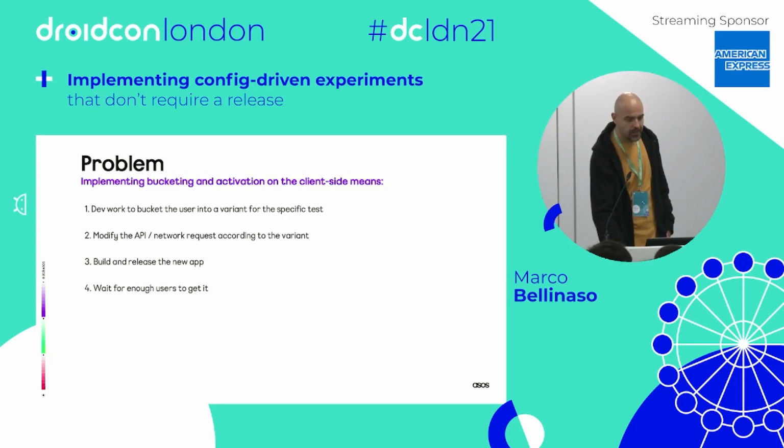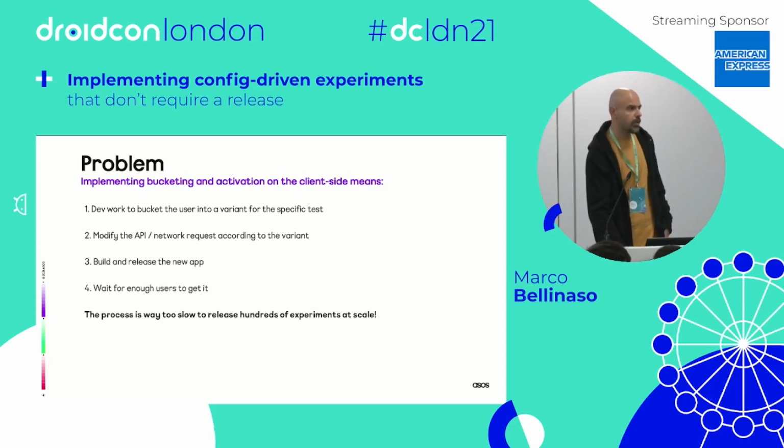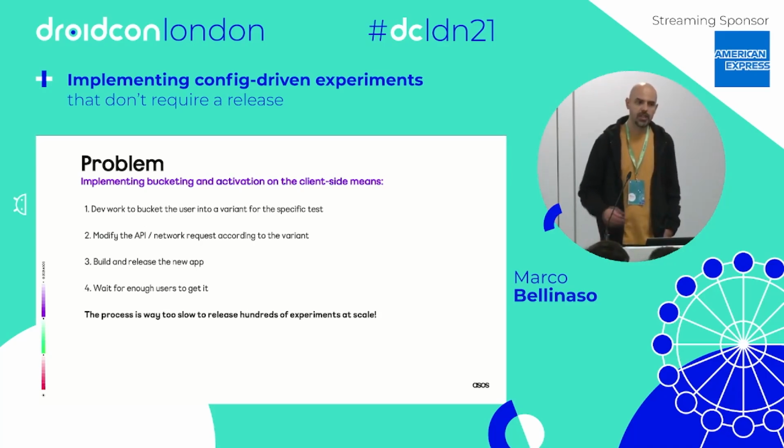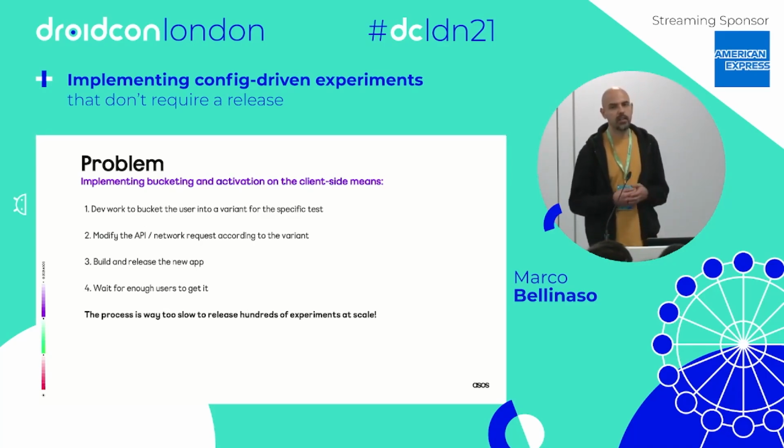So this didn't really work great for us after some time because it doesn't allow us to make the business happy, because the business wants us to run an ever-increasing number of tests, and this approach just doesn't scale as well as we would like.